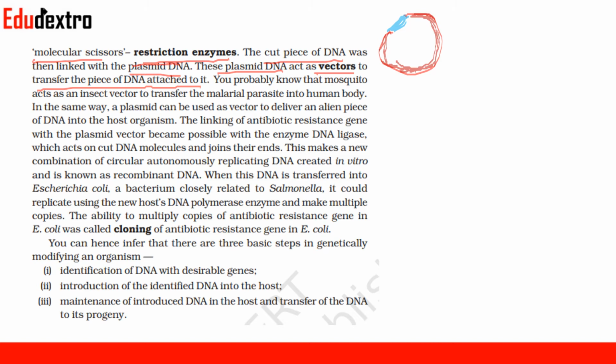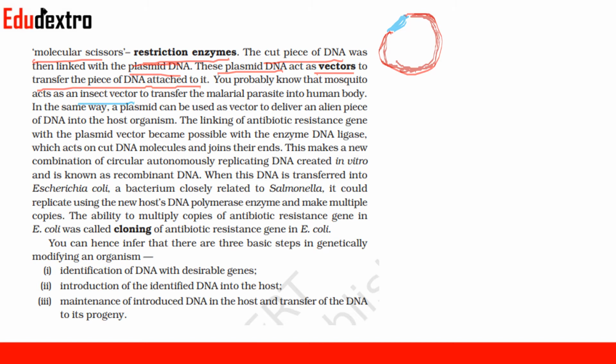Just like the malaria causing plasmodium gets attached to the mosquito, and the mosquito acts as an insect vector, if you consider your foreign gene or your requisite gene as the malaria causing plasmodium, then the mosquito acts like the plasmid.